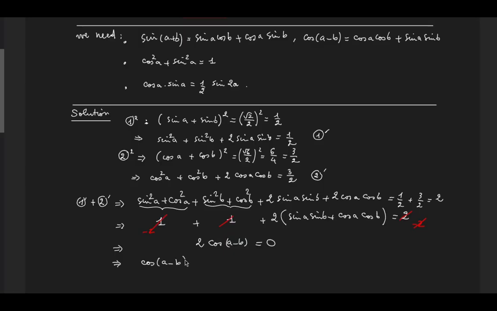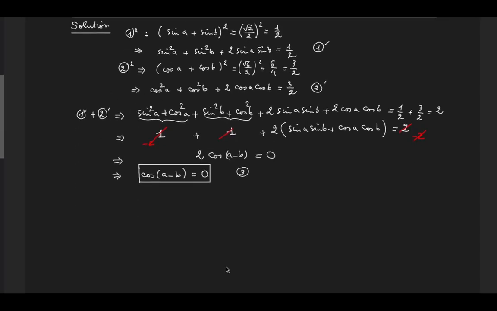That gives us at the end cosine a minus b equals 0. Good. We name that one 3.